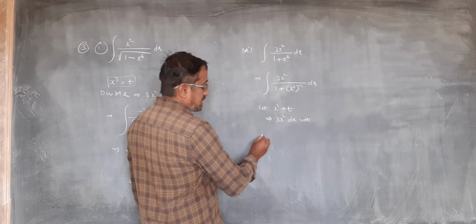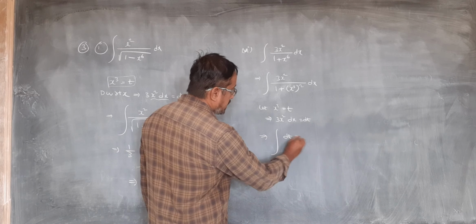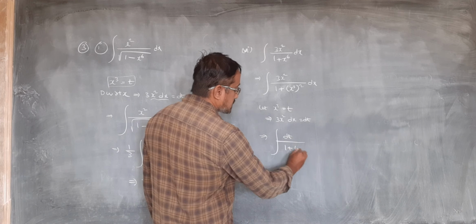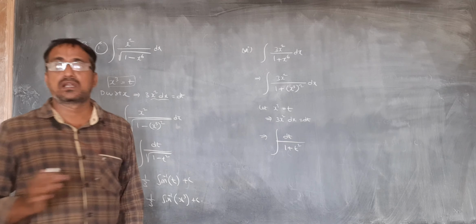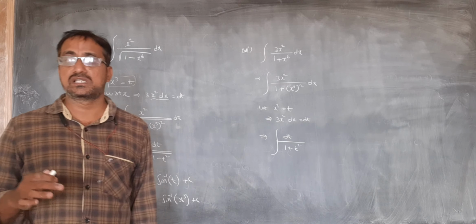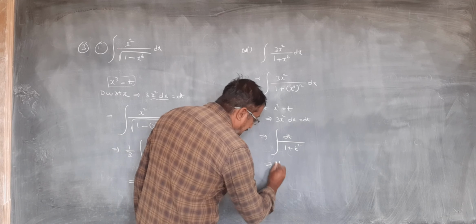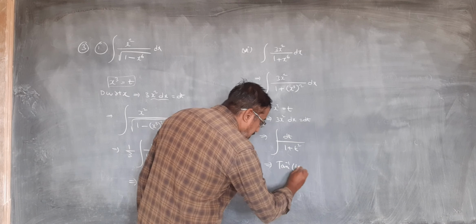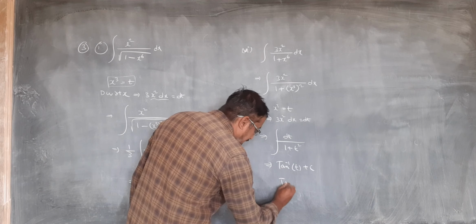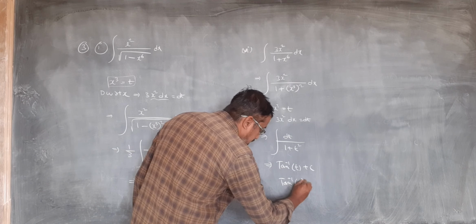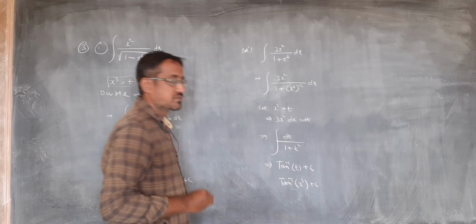So now the given integral is integral dt by 1 plus t square. Integral 1 by 1 plus x square is tan inverse of x. So you will get tan inverse of t plus c. So tan inverse of x cube, where t is x cube, plus c.